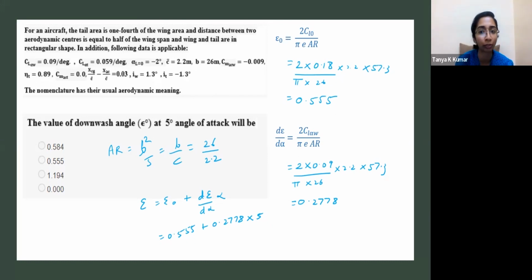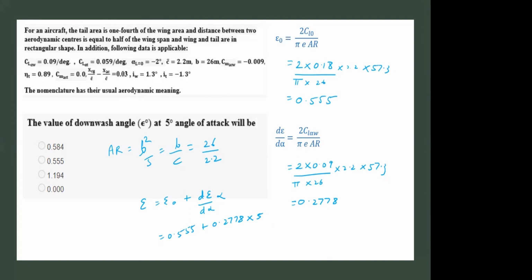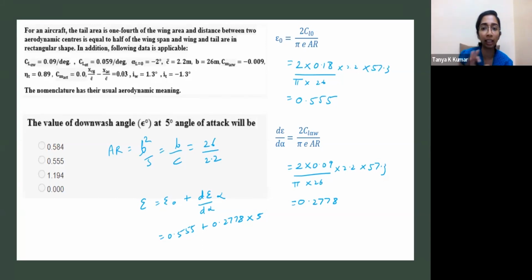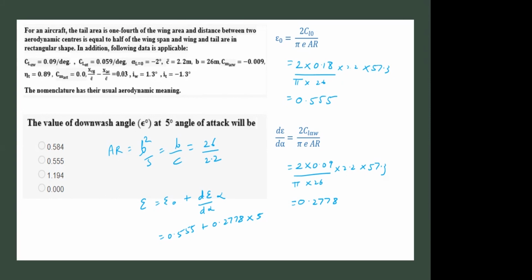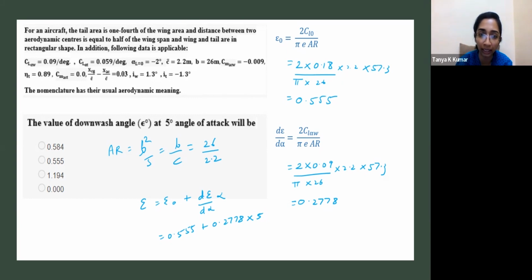Only then we can use that formula and get that d epsilon by d alpha. The slope has no unit. I agree. So why have you multiplied by 57.3? Because your CL alpha wing is in per degrees.